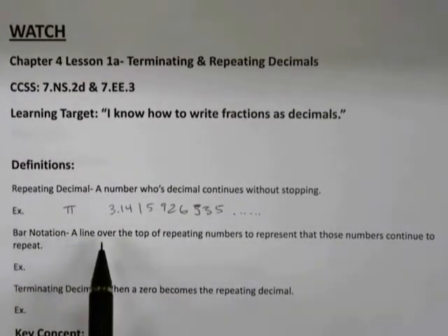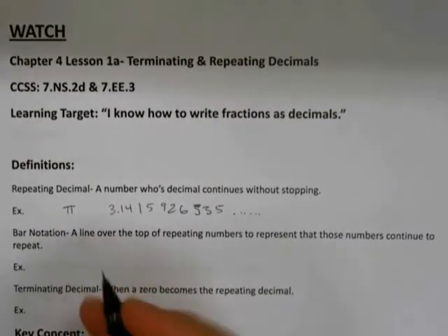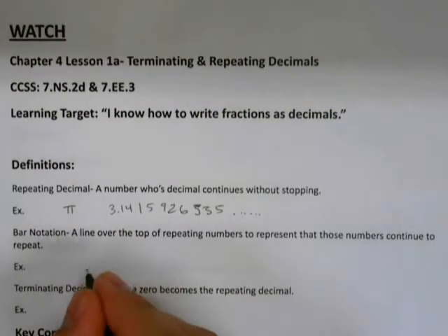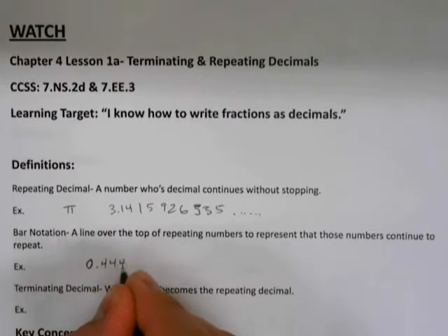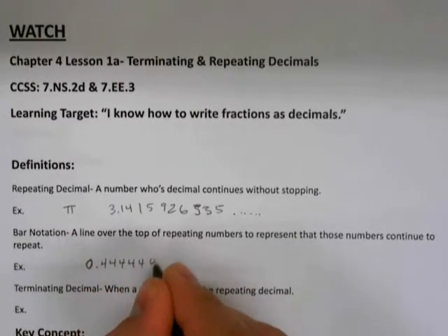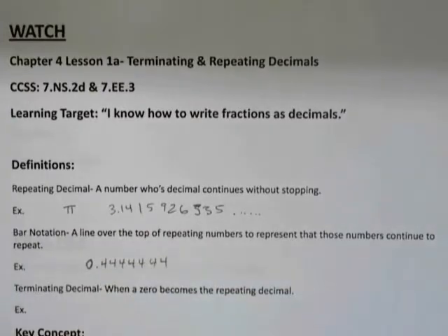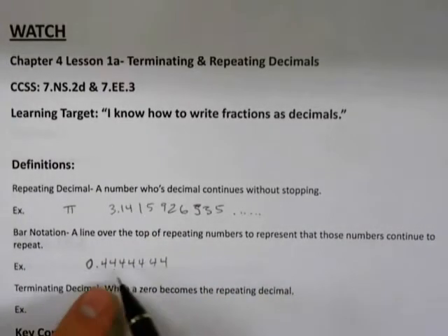Now, bar notation is a line over the top of a number, of repeating numbers, to represent that those numbers continue to repeat. So, for example, sometimes we might find that we have a decimal like 0.444, and if we continue on and on, dividing a certain fraction, we would end up getting just a bunch of 4s, and it would continue to repeat and repeat and repeat.